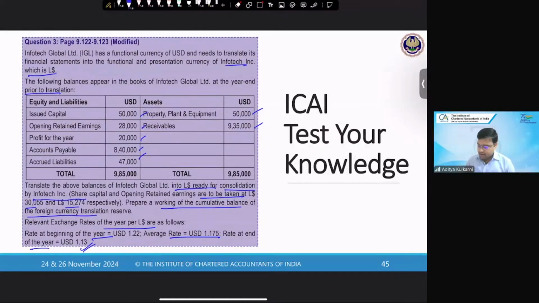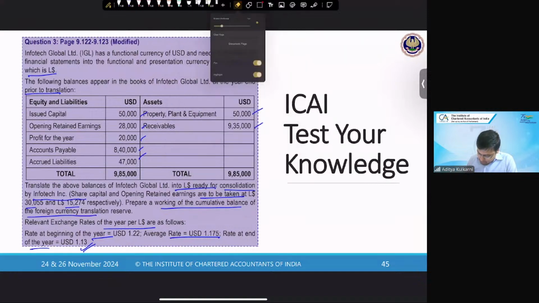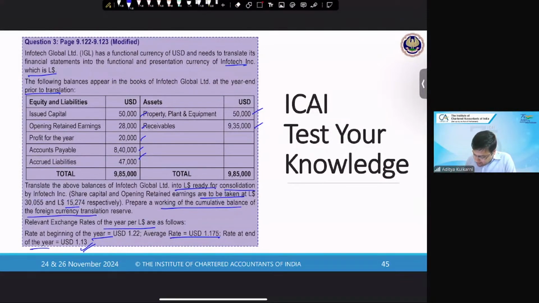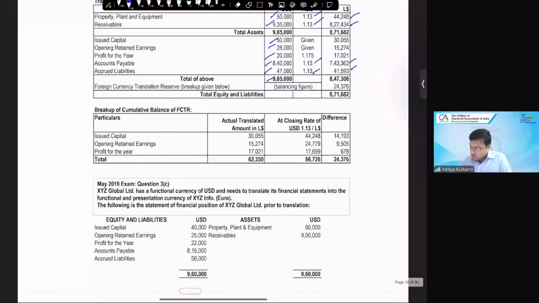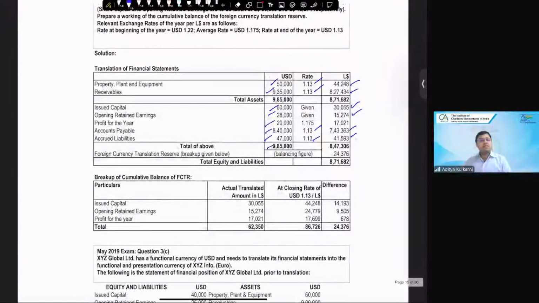Okay, all right. Now you can see opening share capital and retained earnings are to be taken at 30,055 and 15,274 respectively. This is given to you.